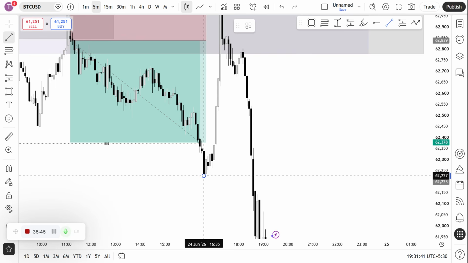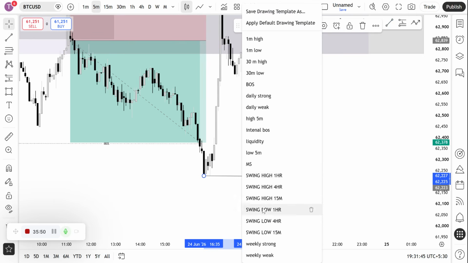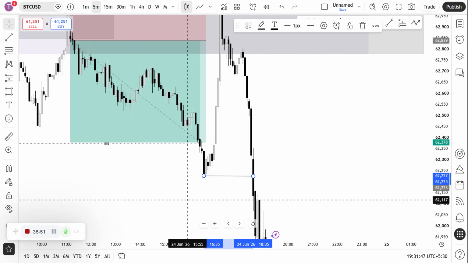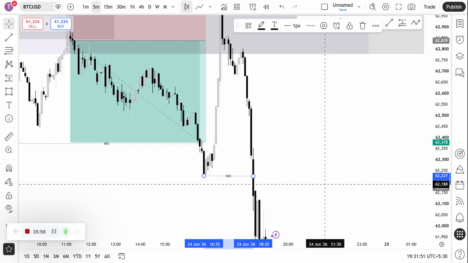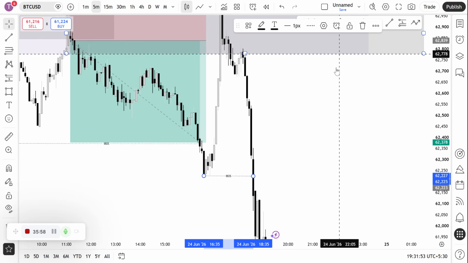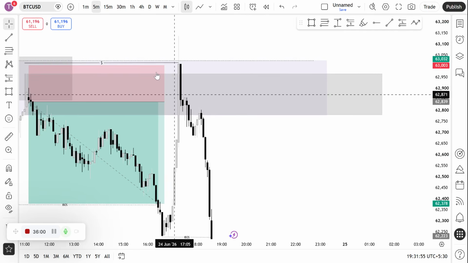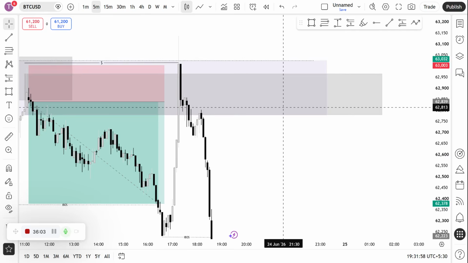So right now I know for a fact that on my entry confirmation, this is a breakout structure, liquidity sweep, breakout structure. I know for a fact that when the market comes here, it's going to mitigate the order block right here and then continue to the downside.